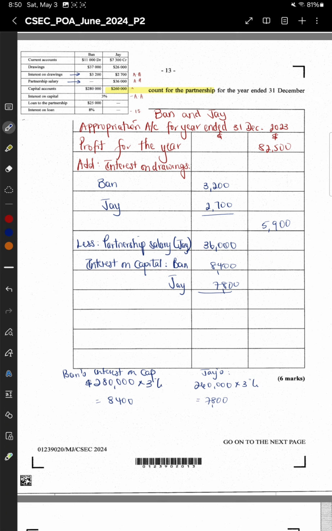We have a sum of $52,200. And remember, this has to be subtracted, so you put your brackets. So 82,500 plus 5,900 minus 52,200. We have a sum of 36,200, and this is our residual profit.